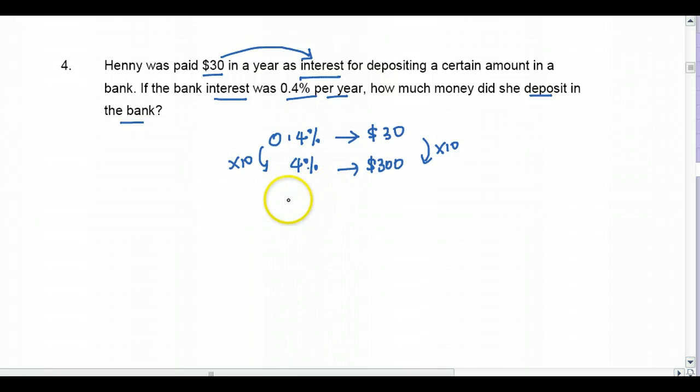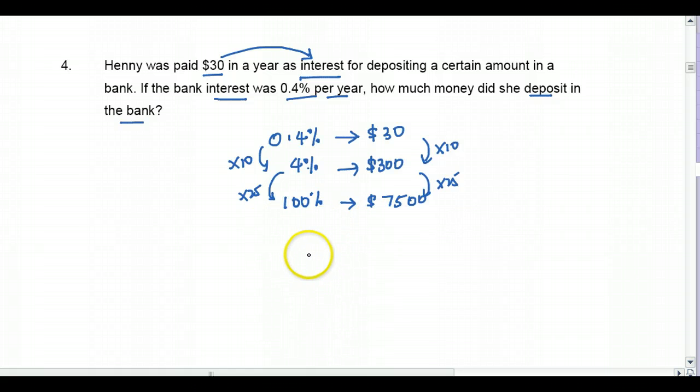So I can do this. I can take 4 times 25, 30 times 25, which will give me 7,500. Alternatively, I know that 4% is my $300.